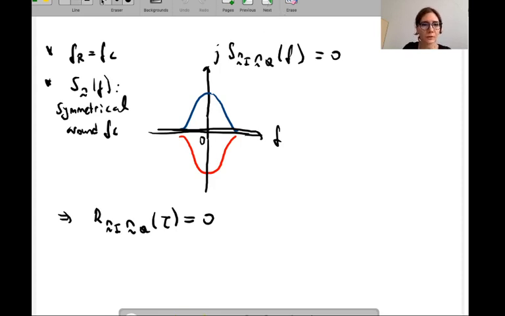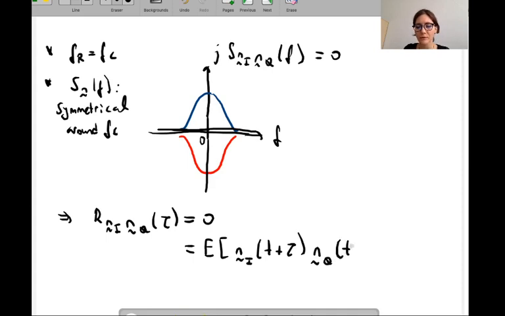So I guess we could just add this as this line. This cross correlation function is nothing but Ni(t + tau) times Nq(t). I'm just skipping the complex conjugate sign because these are real. So these two random variables at any t and t + tau are orthogonal, but the whole random process is zero mean, so these two random variables are uncorrelated.